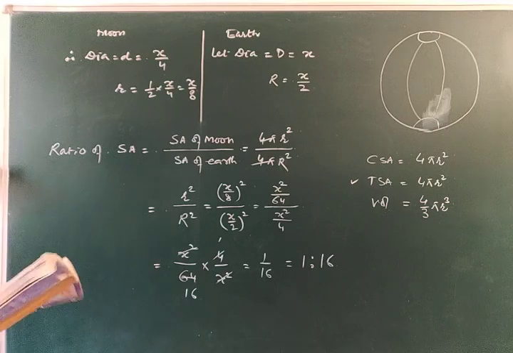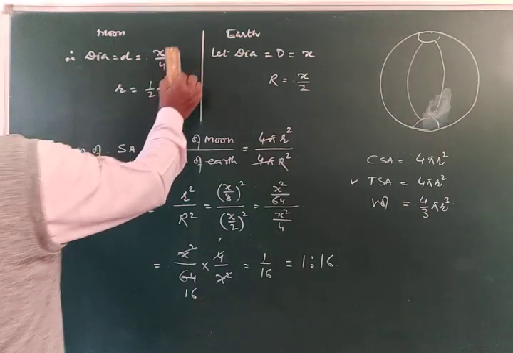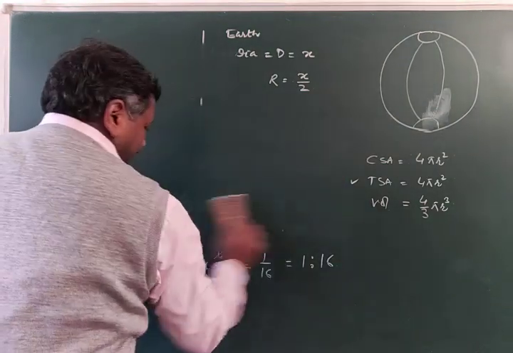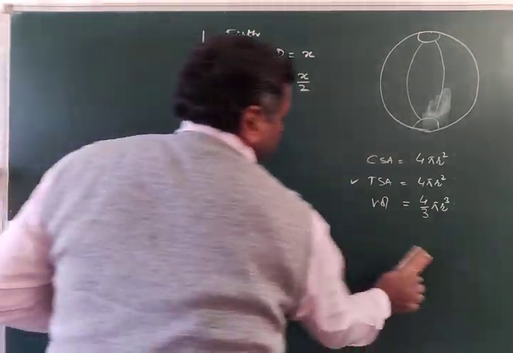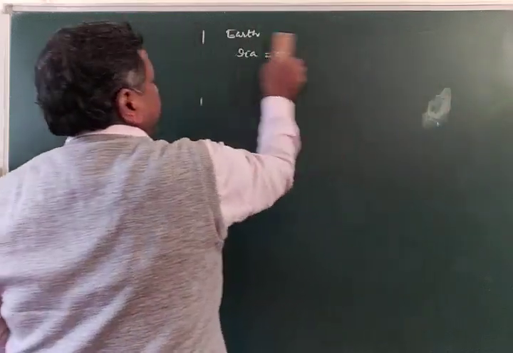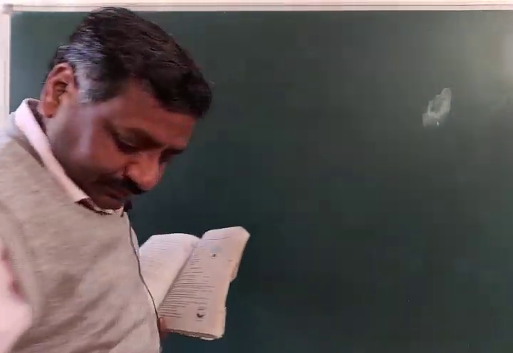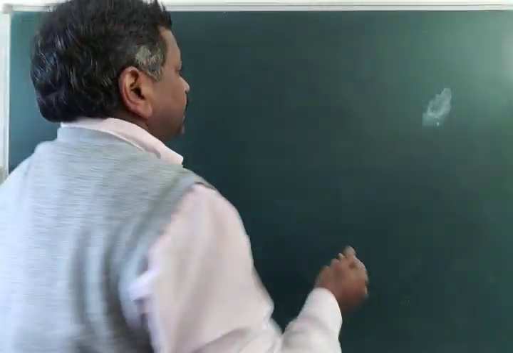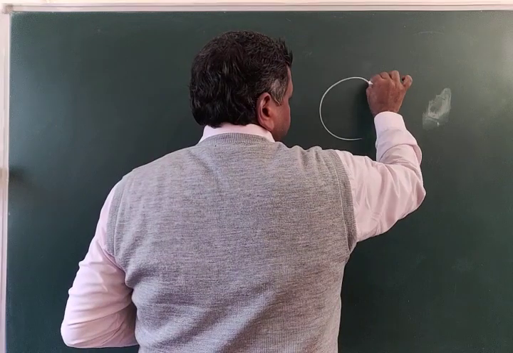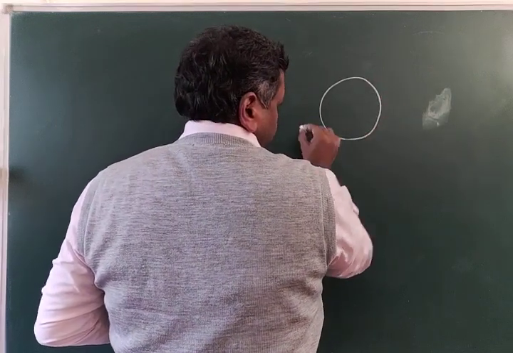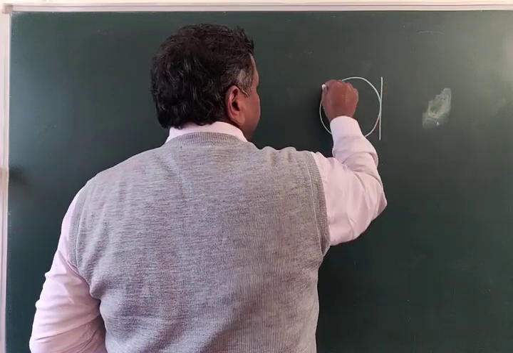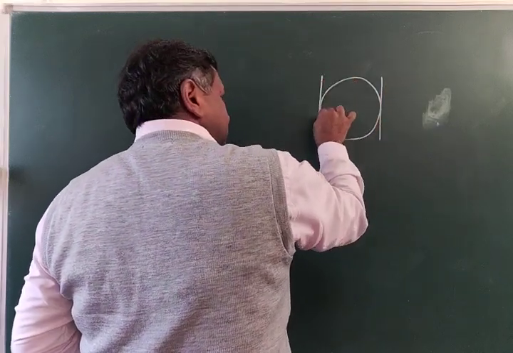Now the question number 9. Question number 9. A sphere is there in a cylinder. Here is the sphere. And it is exactly fitted in a cylinder.